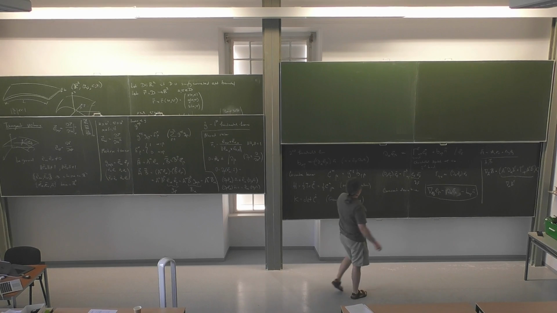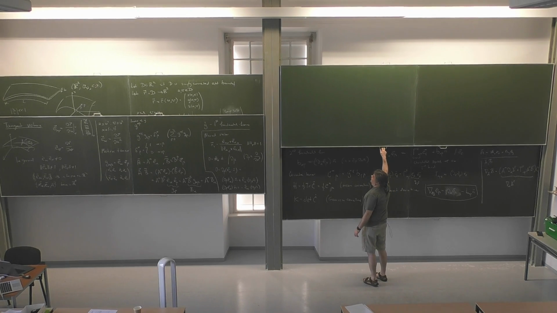Okay, good. So now let's make things a little bit less abstract and take what is called the Monge representation, or Monge gauge. So this is essentially an elementary calculus representation of the surfaces.